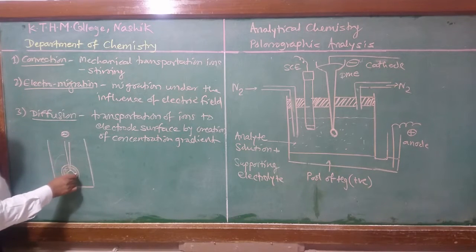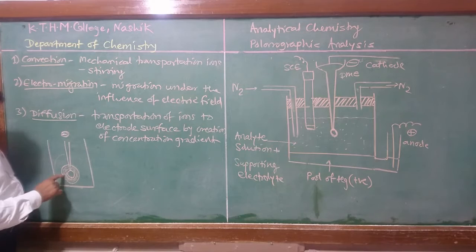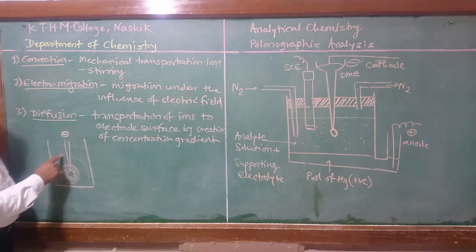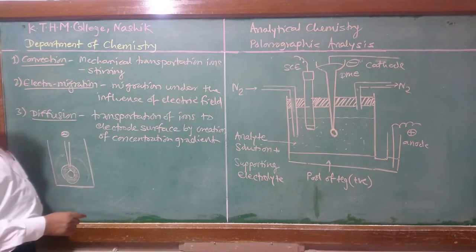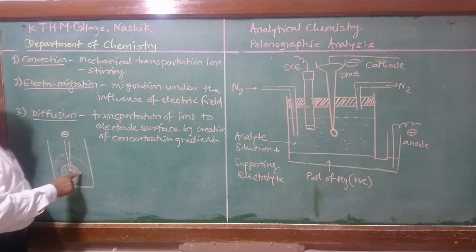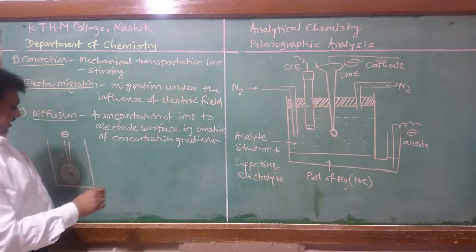So we have two regions here: a region with less or no ion, and a region containing an excess of ion. In the same solution we have two layers with different concentrations, and this is called the creation of a concentration gradient.